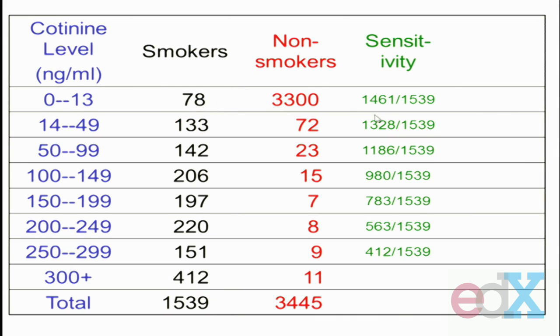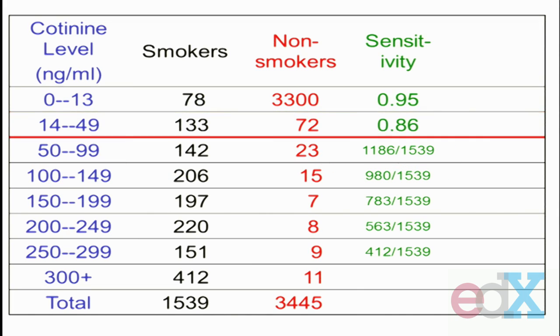And so on. If we lower the cutoff to here, then this is what our sensitivity would be. We lower the cutoff one more, this is what our sensitivity would be, and so on. So there's what happens to the sensitivity as we move the cutoff line down.